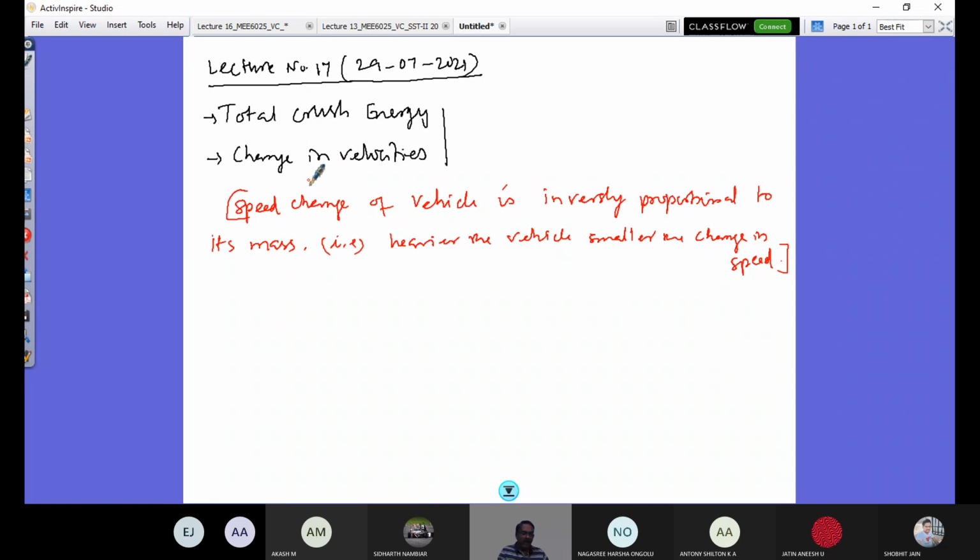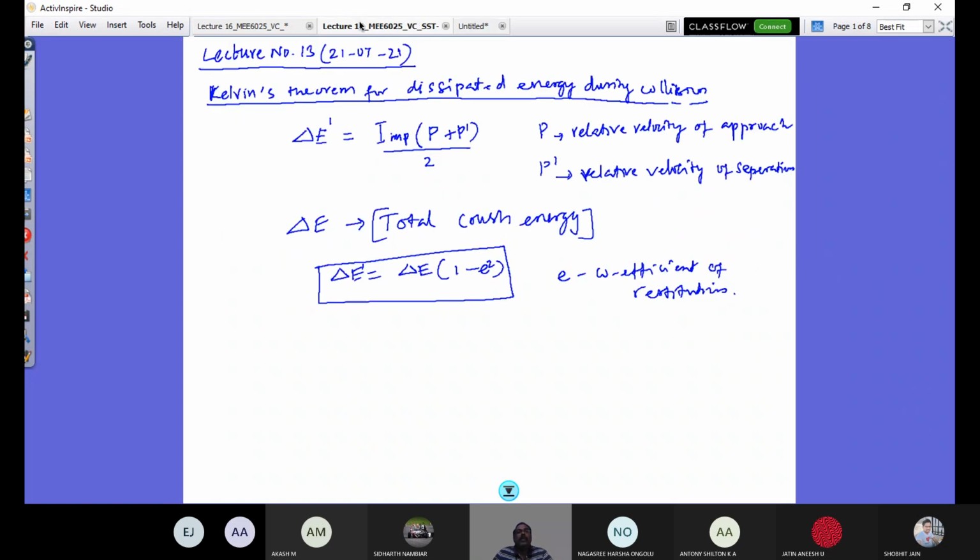You may recollect in our lecture number 13, we learned Kelvin's theorem for dissipated energy during collision. So you have to understand these terminologies very clearly. When you say E equals the ratio of relative velocity of separation by relative velocity of approach, that is defined by P dash by P. If you have two vehicles A and B, that is VB dash minus VA dash by VA minus VB.